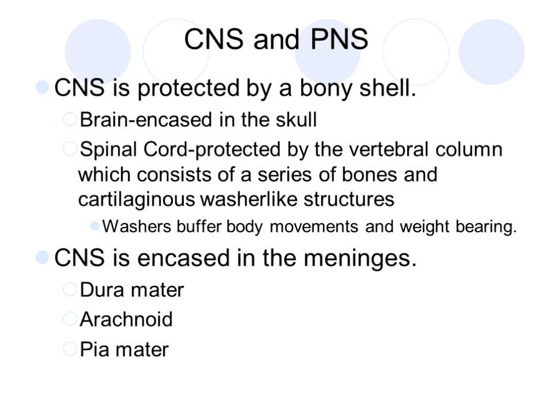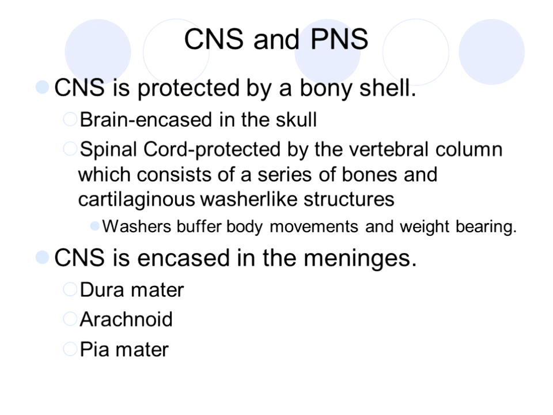If it's just reflexive, it's at the level of the spinal cord. If it is involuntary but important for you to live, like breathing, swallowing, and so on, it is at the level of the brainstem. And if it's voluntary, then it's at the level of the cerebrum.